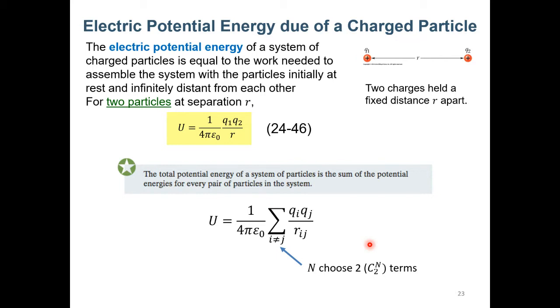I'm not sure whether you will learn it in graduate courses. The gamma function is a generalization, so gamma of n plus 1 equals n factorial when n is an integer.